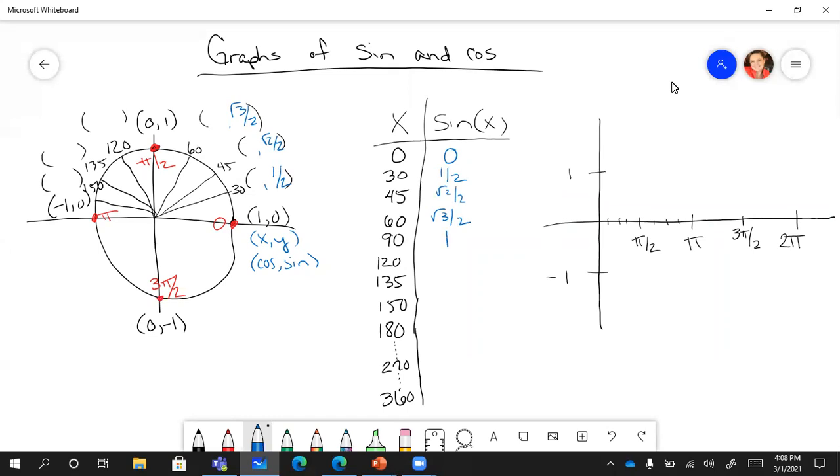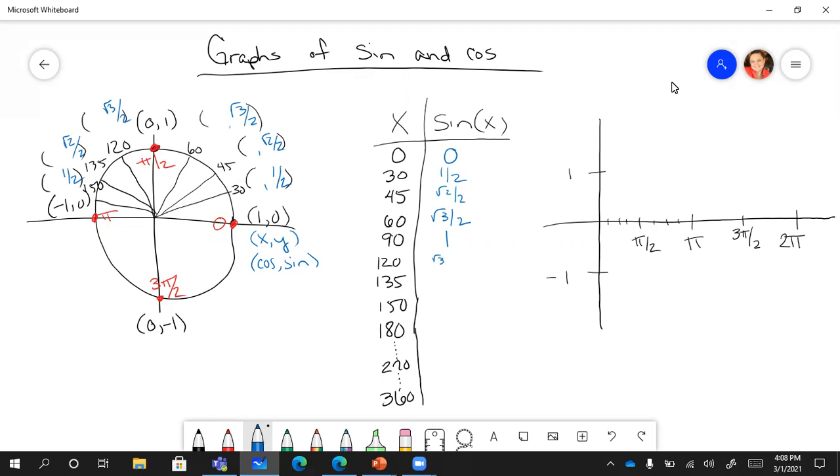I'm only filling out the Y part of the ordered pairs because sine corresponds to the Y value of the ordered pairs. All right, so if we keep going, 120 is still a 60-degree reference, and sine of 60 is √3/2. A 45-degree reference would be √2/2, and sine of 30 would be 1/2.